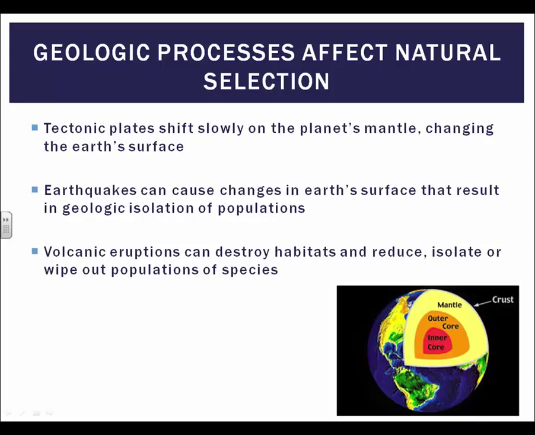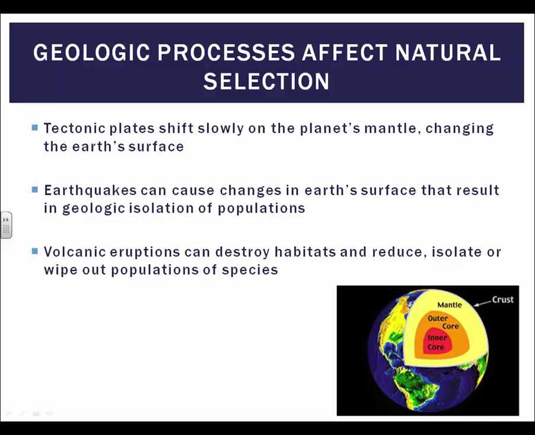The outermost layer of the Earth is called the crust, right? The crust is solid, made up of rocks and sediment. Then the second layer is the mantle, where you have a lot of the molten lava or magma. Then you get into the outer core, and then the inner core as well. So when we say the mantle, those tectonic plates, or pieces of the crust, are shifting on the mantle.